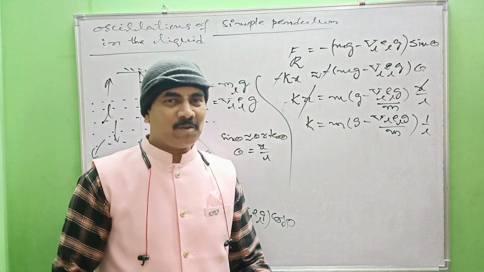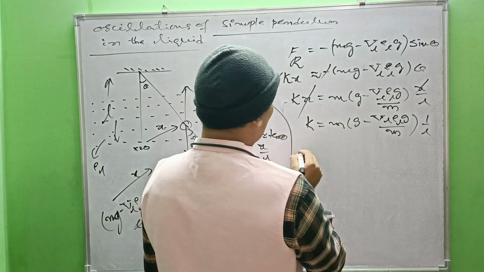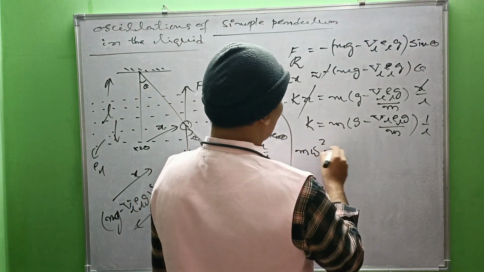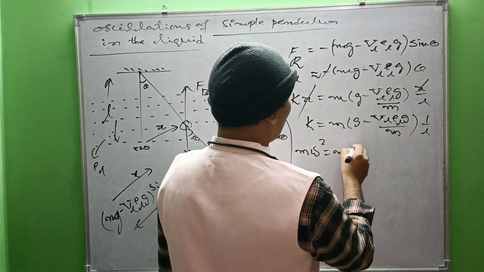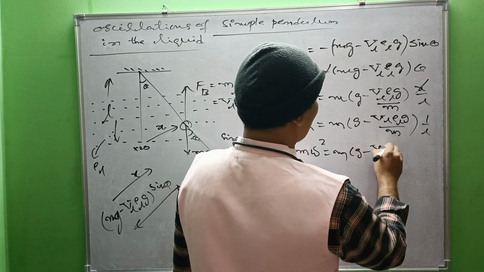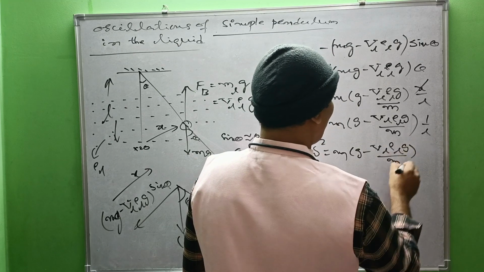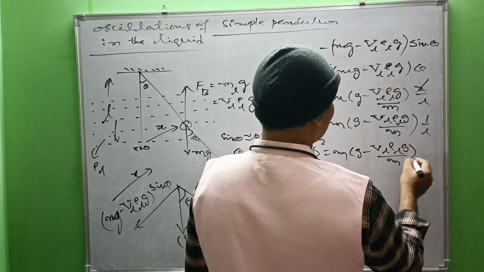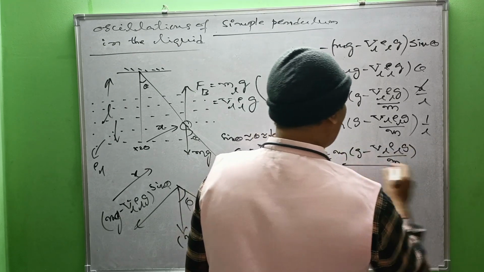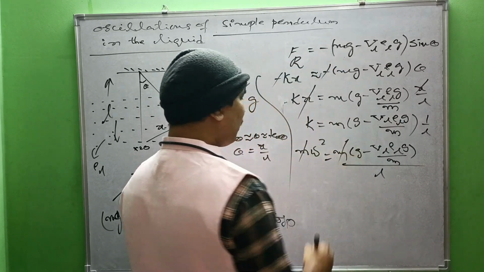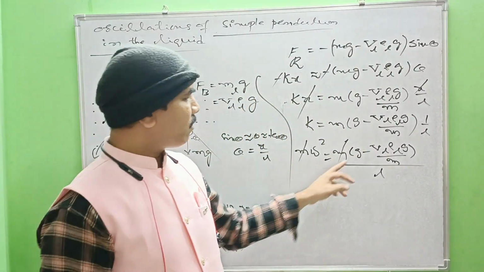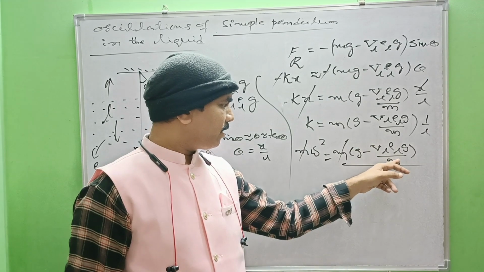K equal to m times omega square, equal to m of g minus VLρ_L g by m whole by L. Now m cancels. We are left with omega square equal to g minus VLρ_L g by m whole divided by L.